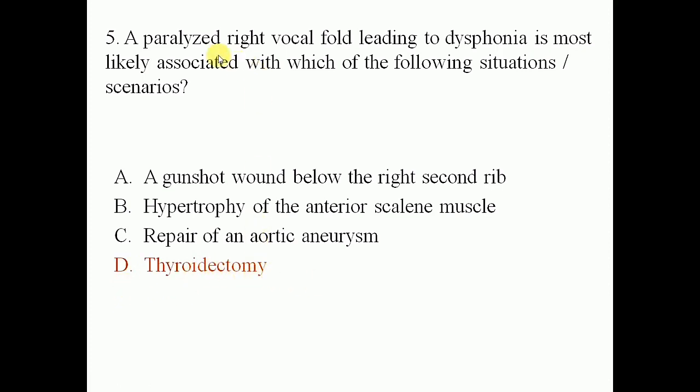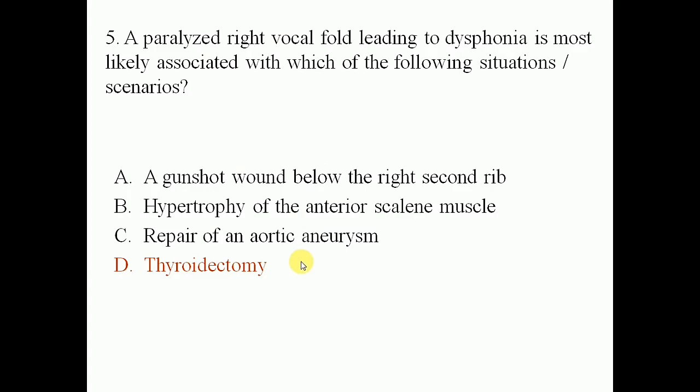So from the stem of the question, the affected vocal fold is a right side vocal fold. So the nerve injured will be the right recurrent laryngeal nerve, which supplies the muscles of the right half of the larynx. So let's see which of these four conditions lead to injury to right recurrent laryngeal nerve.